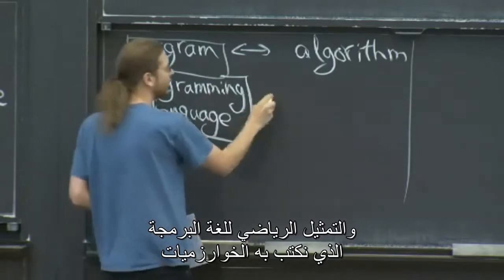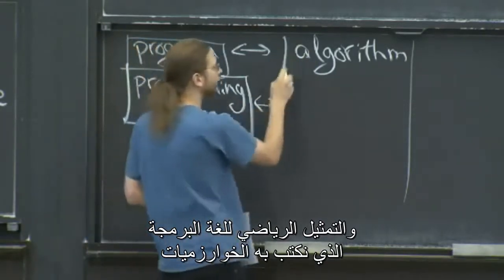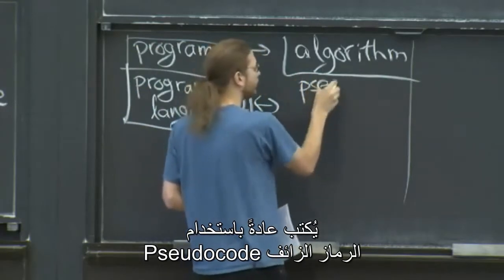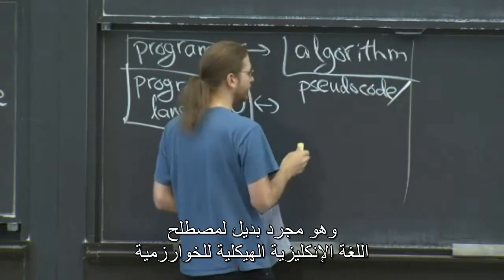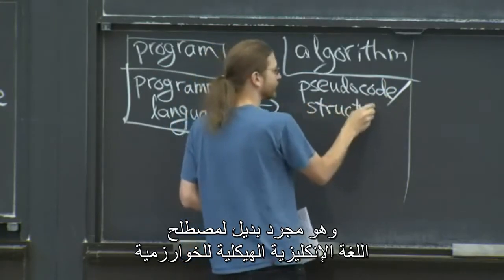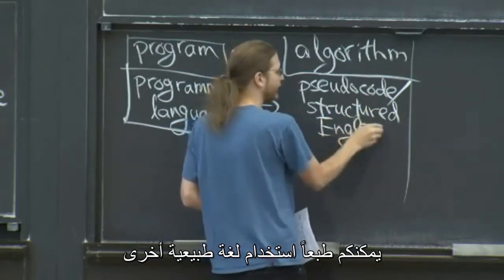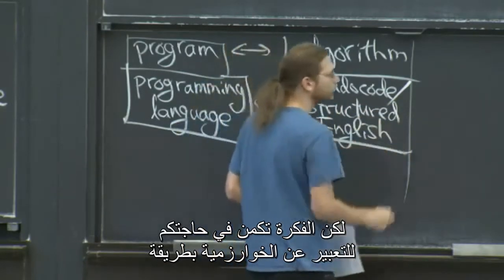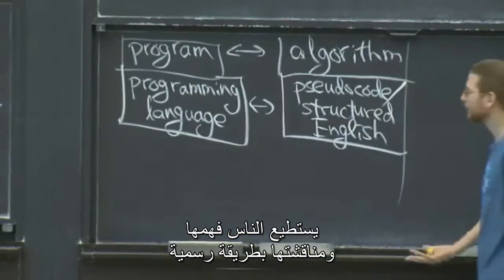The mathematical analog of a programming language, or what do we write algorithms in? Usually we write them in pseudocode, which is basically another fancy word for structured English. Good English, whatever you want to say. Of course, you could use another natural language. But the idea is you need to express that algorithm in a way that people can understand and reason about formally.